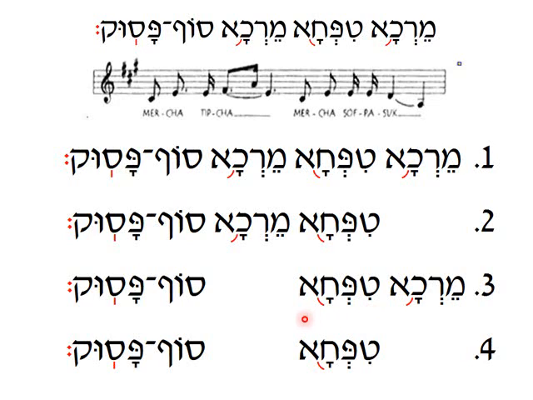Mercha, tipcha, Sof Pasuk. And line 4 has just in it the disjunctives in the phrase, the tipcha and the Sof Pasuk, those two stopping or pausal tropes. Tipcha, Sof Pasuk.